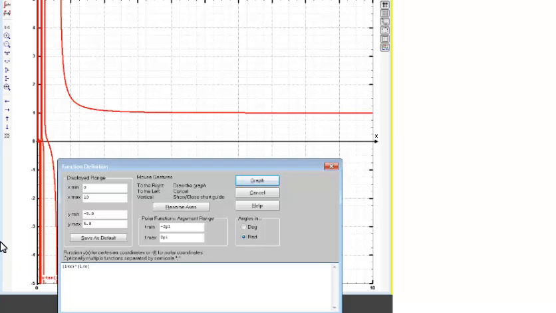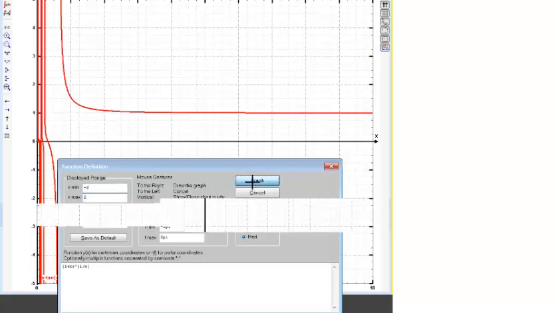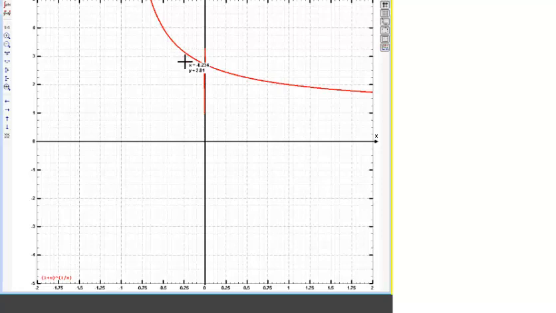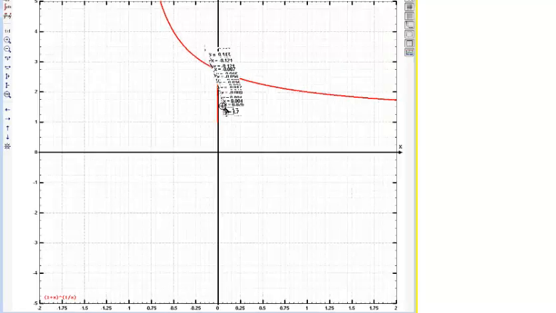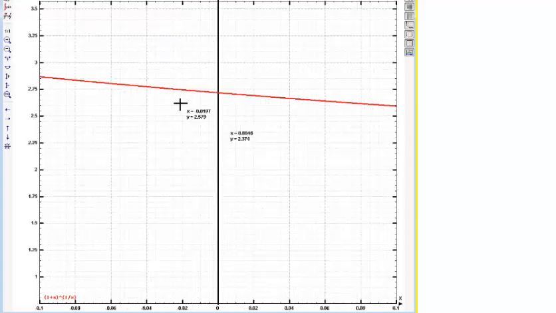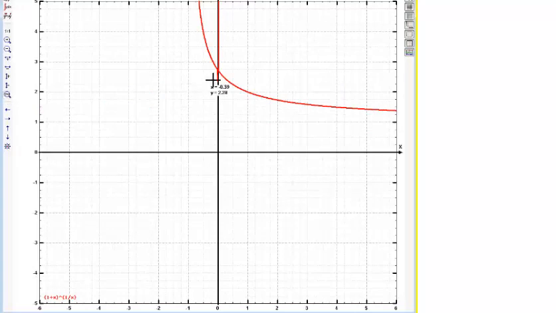Is that right? Yes, okay, so let's go from negative 2 to positive 2. We see a curve like this, and it goes a little wacko right here at 0. But if we zoom in, it doesn't show that kind of weirdness. I think that's just some graphing anomaly.